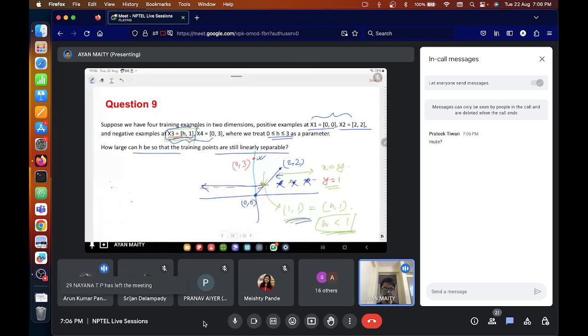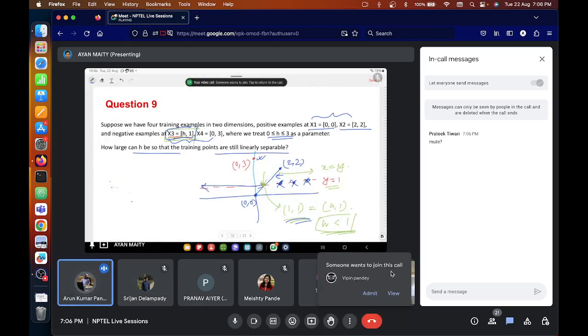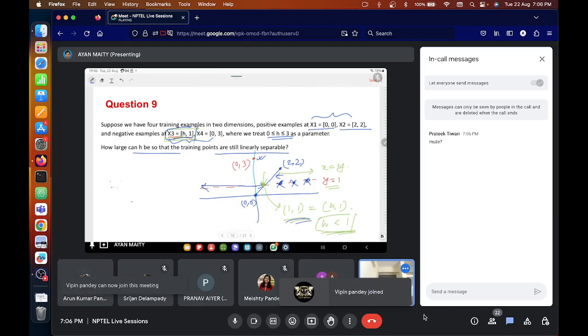So that's why we need it. Sir, how can we identify the negative and positive points? It is already given in the question that positive examples are x1, x2, and negative examples are x3 and x4. And for x3, you have to find out this value of h.